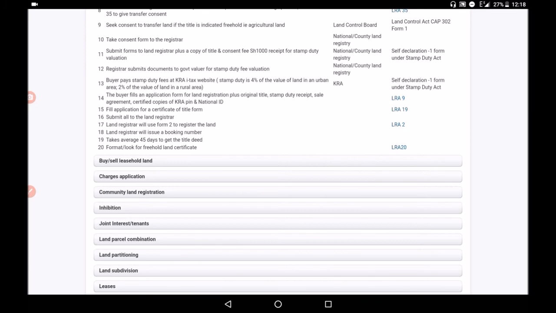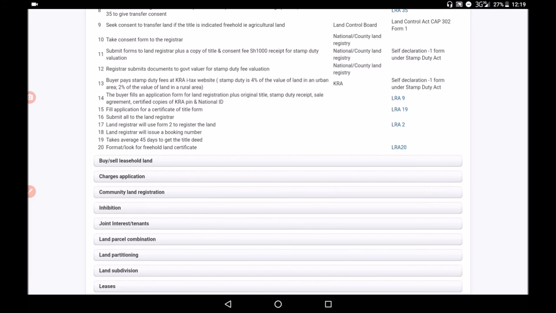You fill the application for certificate of title form. Then next you submit all to the land registry. The application form for land registration is form LRA 9, and the application for certificate of title form is form LRA 19.